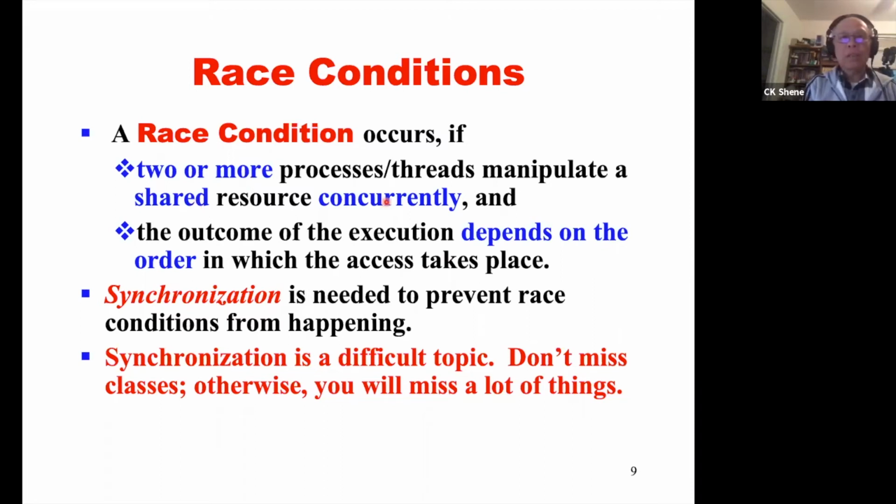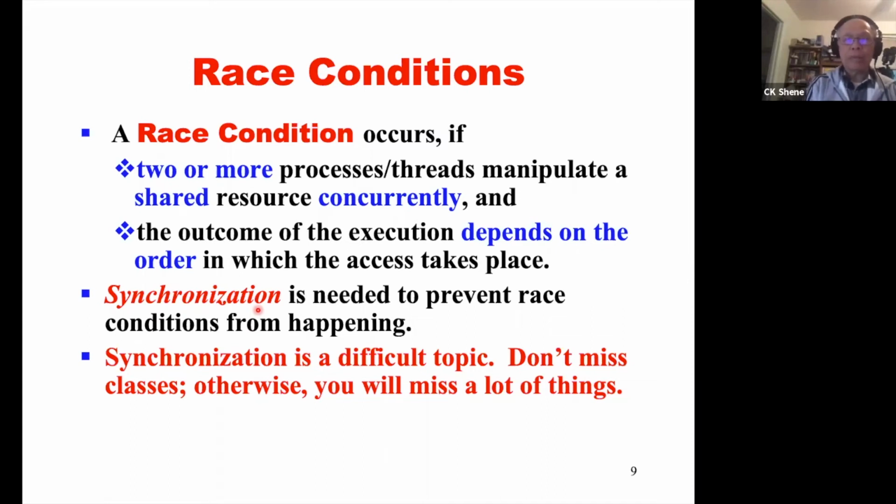Third, that something is being shared in a concurrent way. If the execution depends on the order of the machine instructions, then we have a race condition. So this is the most fundamental issue in concurrent access.